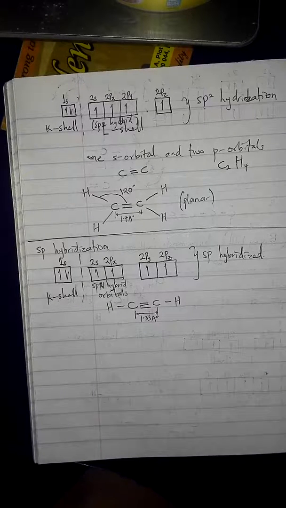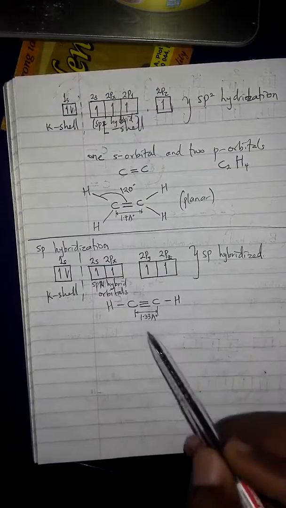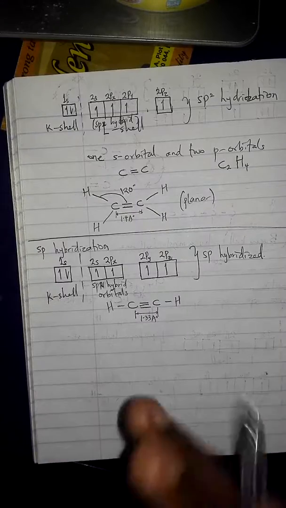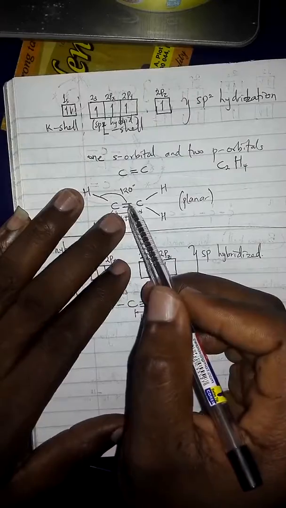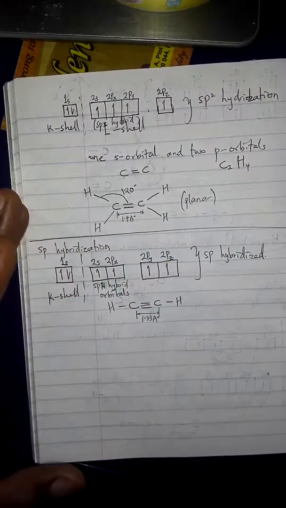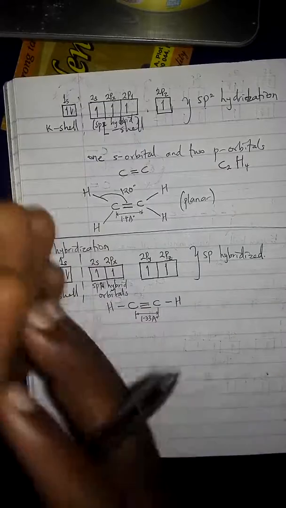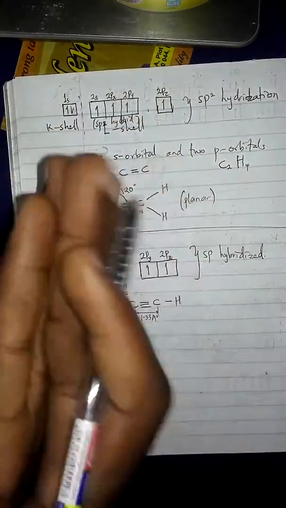For sp3 it was 1.5 Angstrom, for this one it's 1.4 Angstrom, and for this one it's 1.33 Angstrom. When the bond is single, the carbon atoms are far apart. When the bond is double, they come closer together.